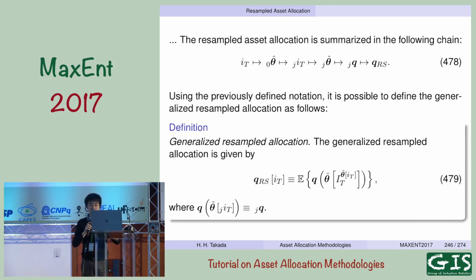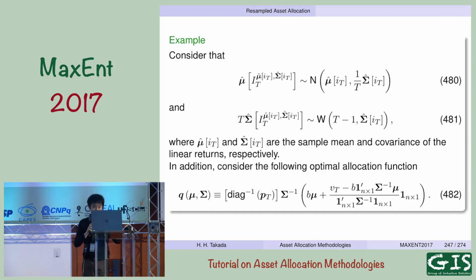Okay, and just writing in a compact format, the generalized resampled allocation is given by the expected value of the quantity vector here that depends on theta hat and is a function of the random variable of the sequence of market invariants. Okay.